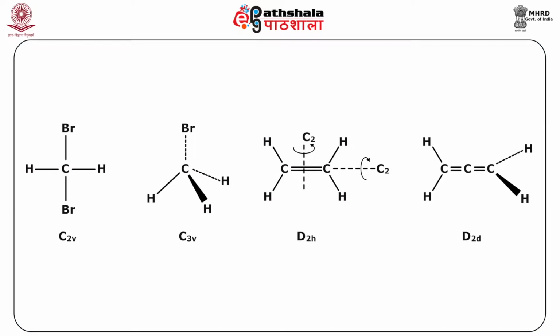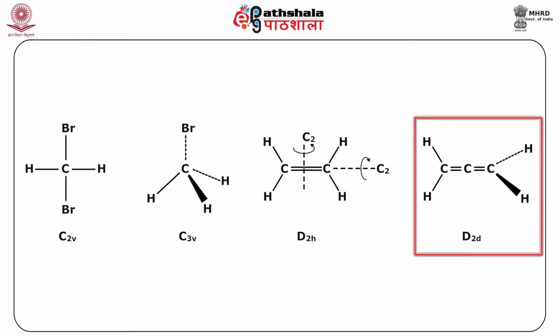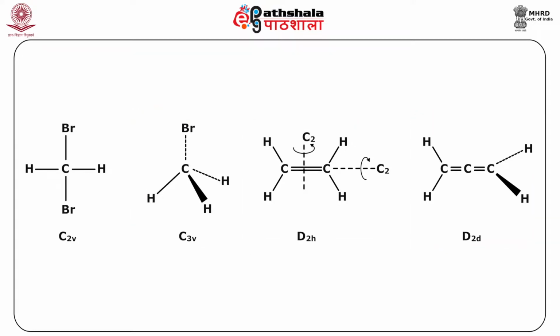For example, all hydrogen atoms in methylene dibromide, methyl bromide, ethylene and allene, as represented here in figure 2, are homotopic. Substitution of hydrogen atoms in each of these sets gives a single product.